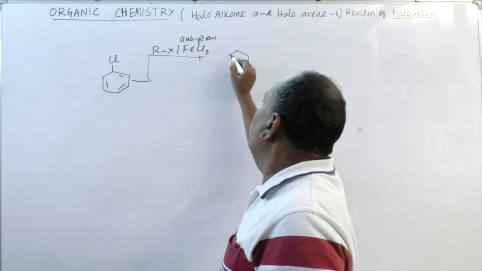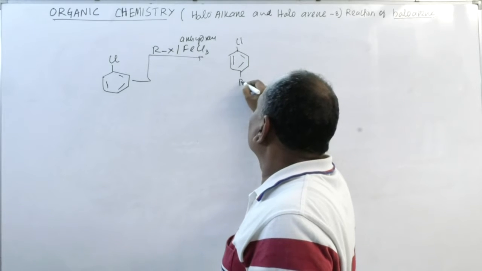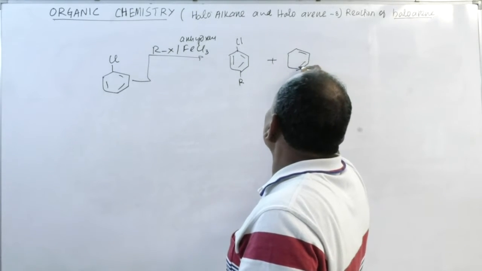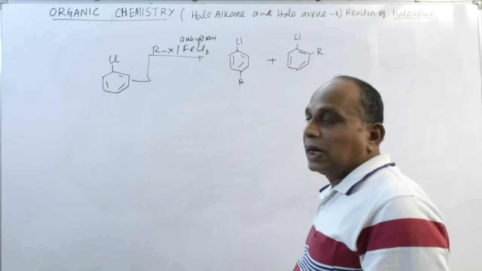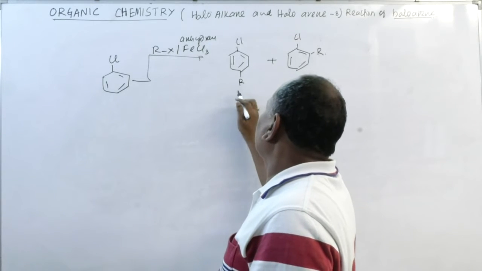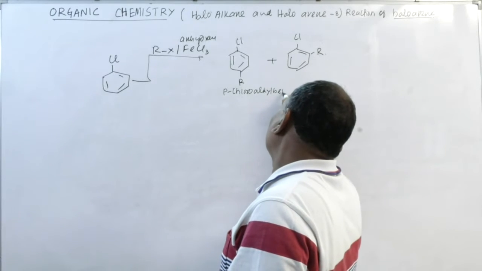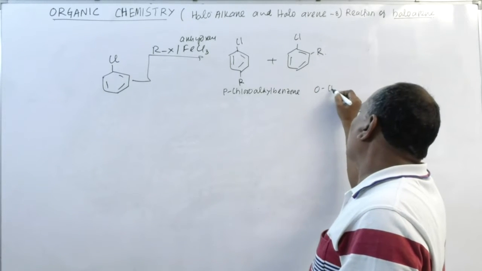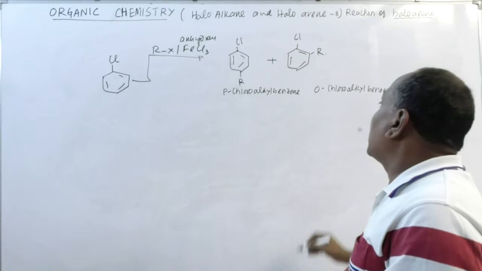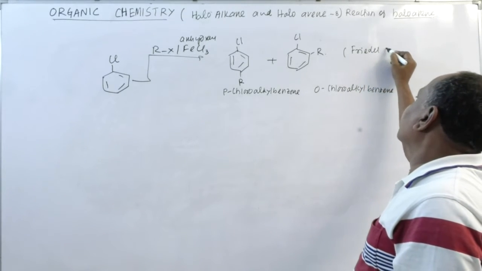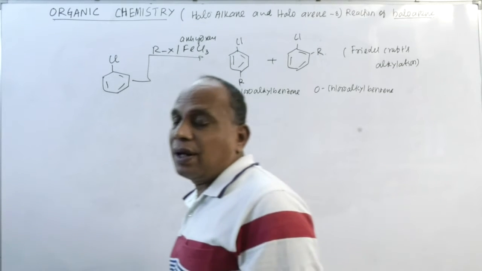So it gives a mixture of parachloro alkyl benzene and orthochloro alkyl benzene, and this reaction is called Friedel-Crafts alkylation.